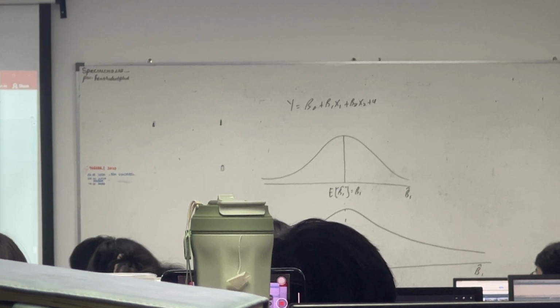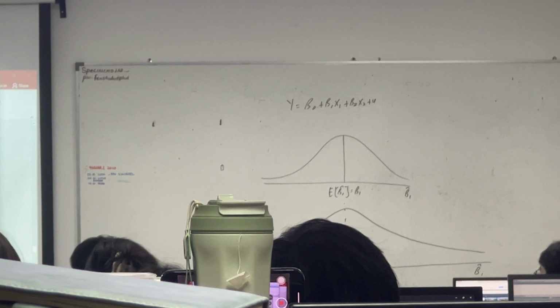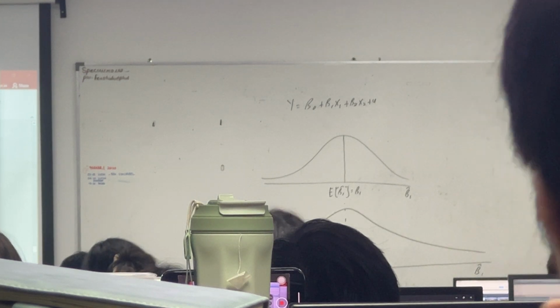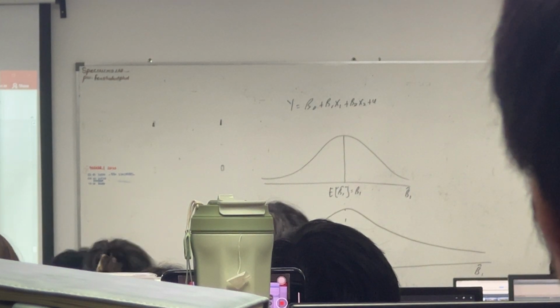So we need to drop one of them. In this case, which one is more important? You have to decide. If we believe that income is more important to explain consumption, then we drop the wealth variable.